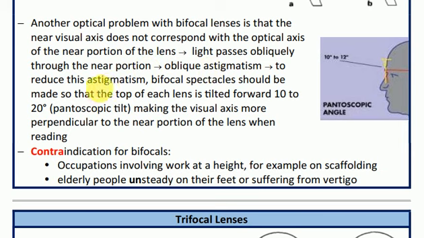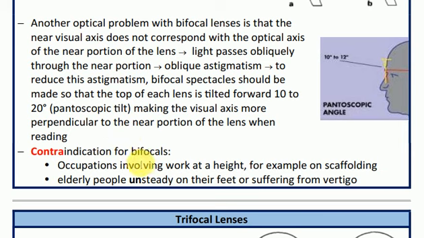To reduce this astigmatism, bifocal spectacles should be made so that the top of each lens is tilted forward 10 to 20 degrees. This is known as pantoscopic tilt, making the visual axis more perpendicular to the near portion of the lens when reading.